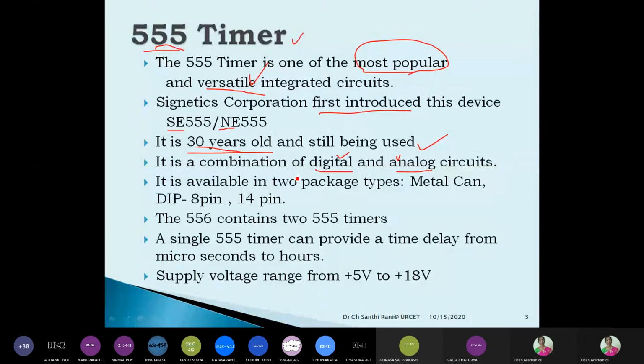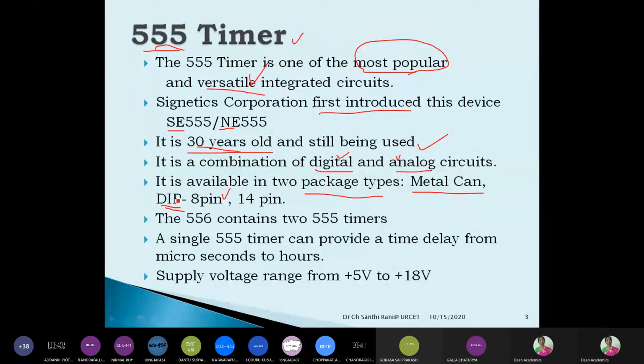And if we come to the package type, right, each IC is available in different package types. So it is available in two package types, one in metal can type and also in dual inline package type. When it is available as 8-pin dual inline package, we say it is mini DIP, and if it is more than that, we say DIP.